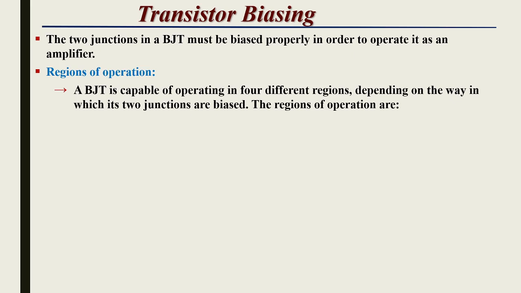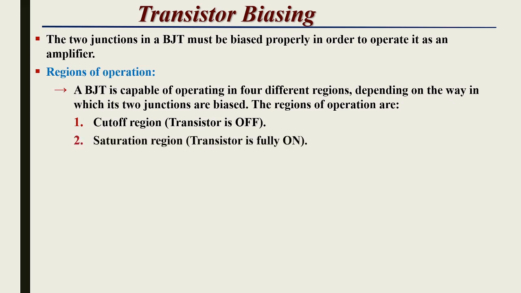The regions of operation are: first, the cutoff region, meaning the transistor is off; second, the saturation region, where the transistor is fully on; third, the forward active region, in between saturation and cutoff, where we can use the transistor as an amplifier; and the fourth region is the inverse active region.